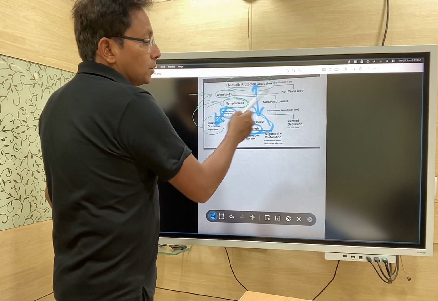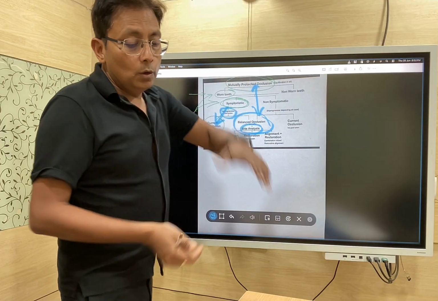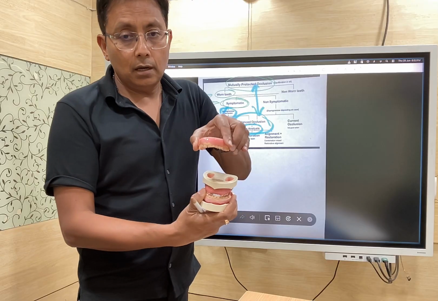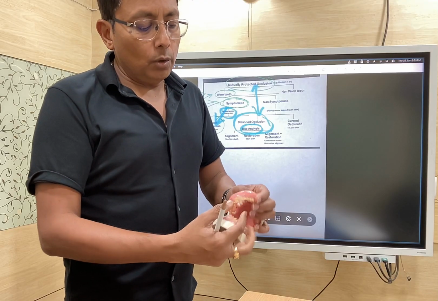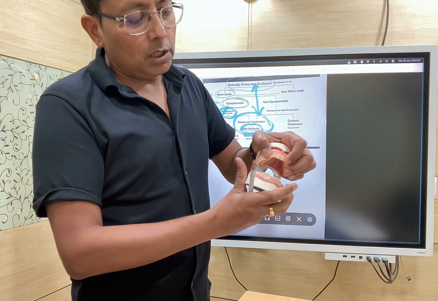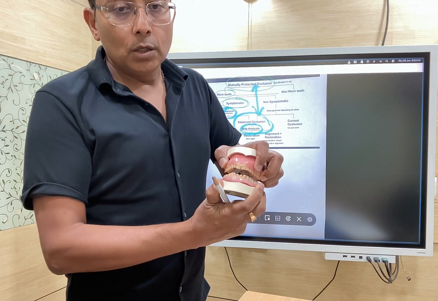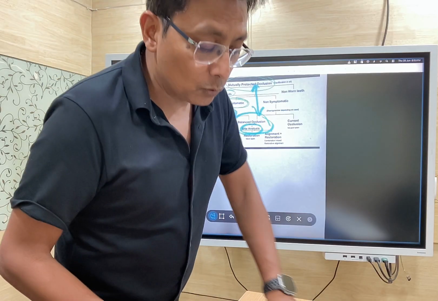Bite analysis includes facebow records and centric records. It means you need to know whether the upper jaw is tilted, up, down, this angle, this angle, that is by facebow. And to record the lower jaw according to the upper, you need the centric record, whether the lower jaw is tilted, we don't know. So first you need to check the imbalance and then correct the imbalanced occlusion.